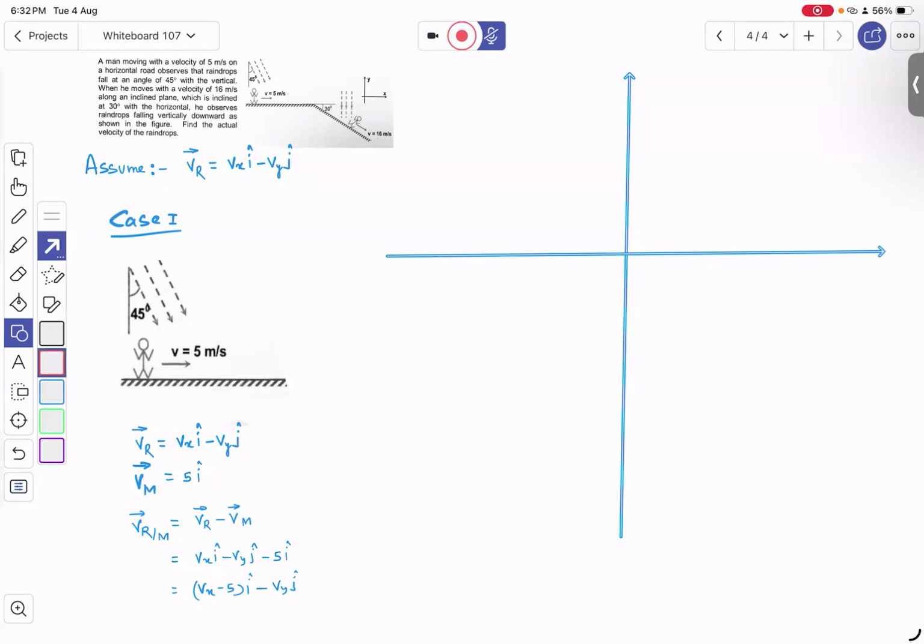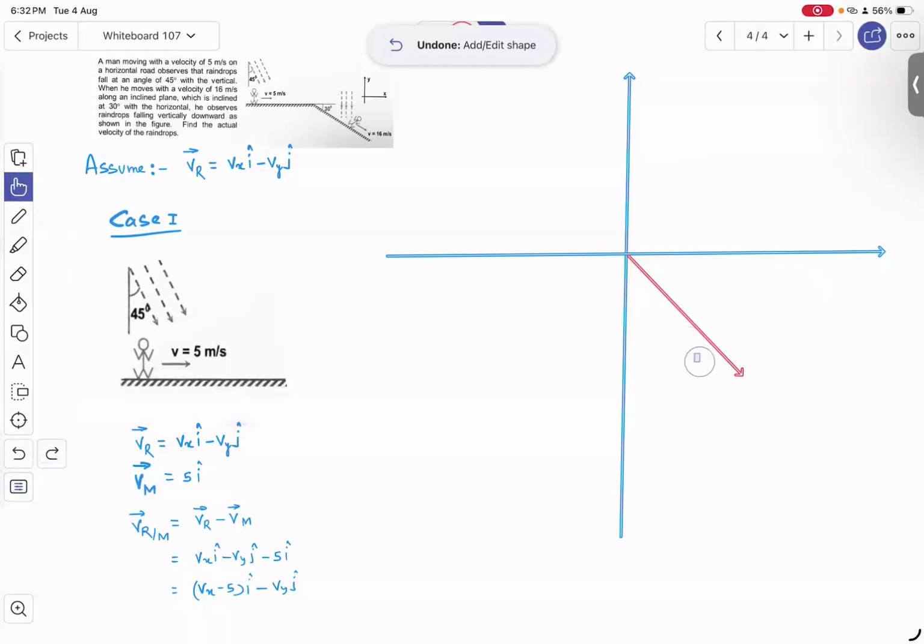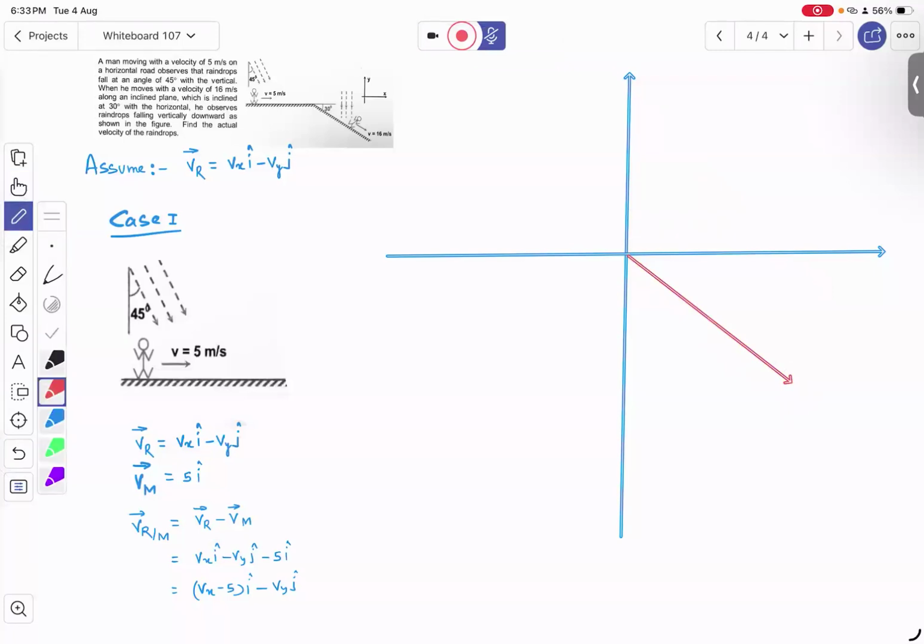So the velocity of the rain with respect to the man is making an angle of 45 degrees. So I can draw him anywhere. You see, I can draw him here, anywhere. But maybe I will draw him at the place where his tail is at the origin and head at the point whose coordinates are going to be the x and y components.